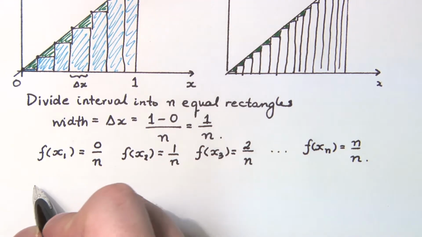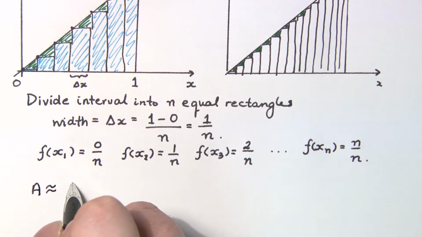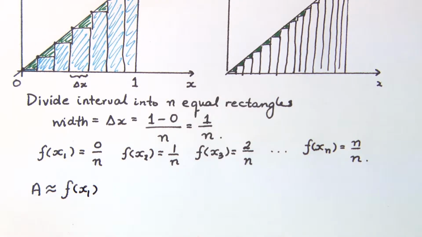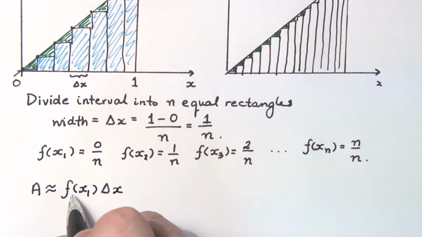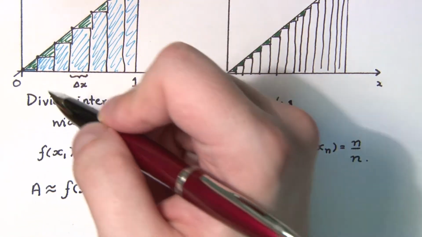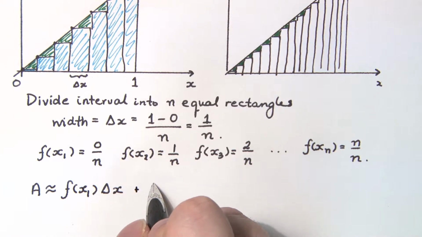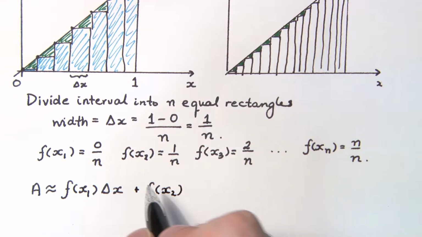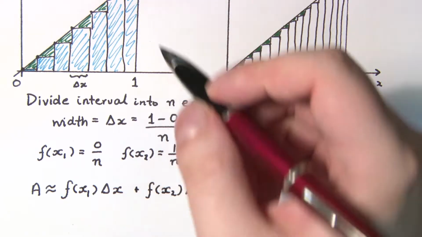So like I said, we can approximate this. We have an approximation of f at x1 times delta x, which is the width. So we have our height. In this case, for the very first rectangle, there's 0. So it's 0 times the width, plus f at x2 times delta x. So there it is.